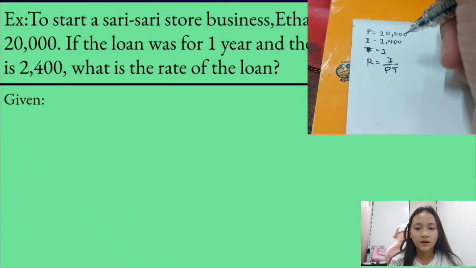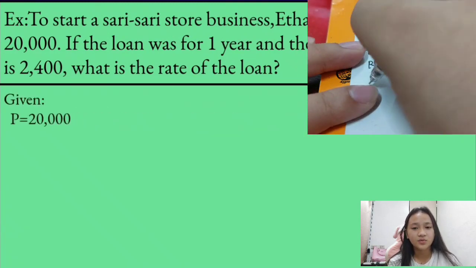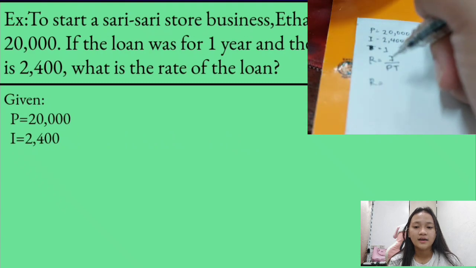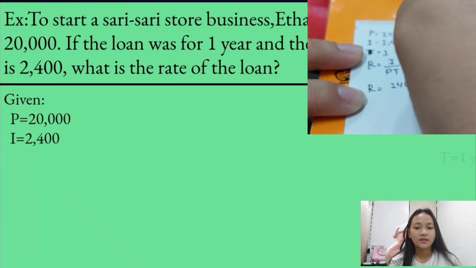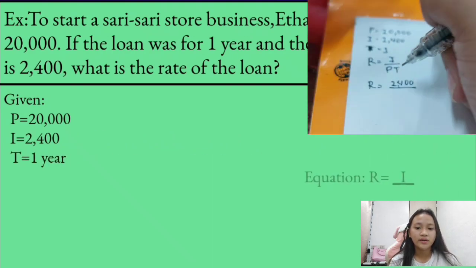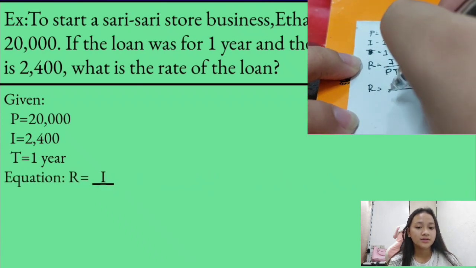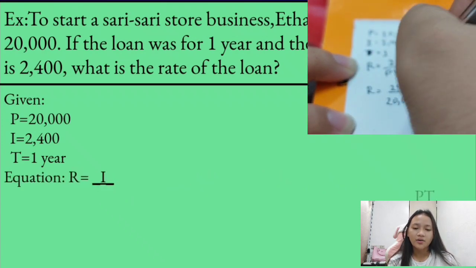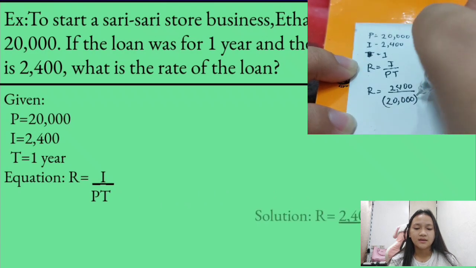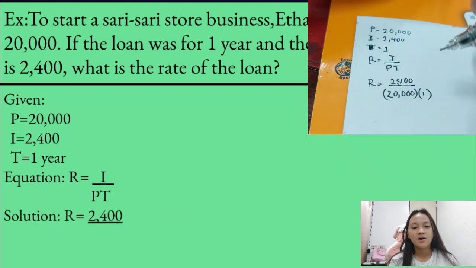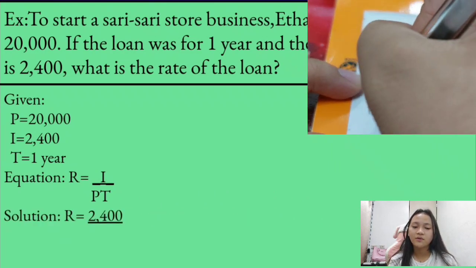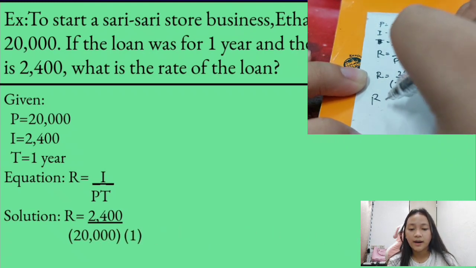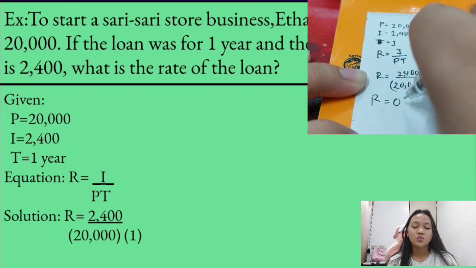So the given are, the P is 20,000 and the interest is 2,400 and the time is 1 year. The equation is R is equals to I over P times T. So the solution is R is equals to 2,400 divided by 20,000 times 1.